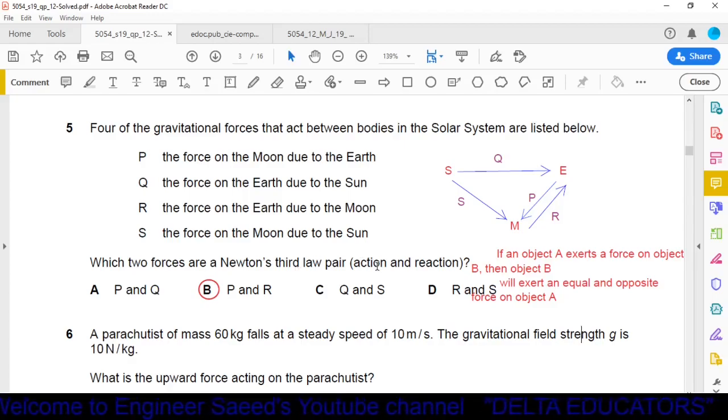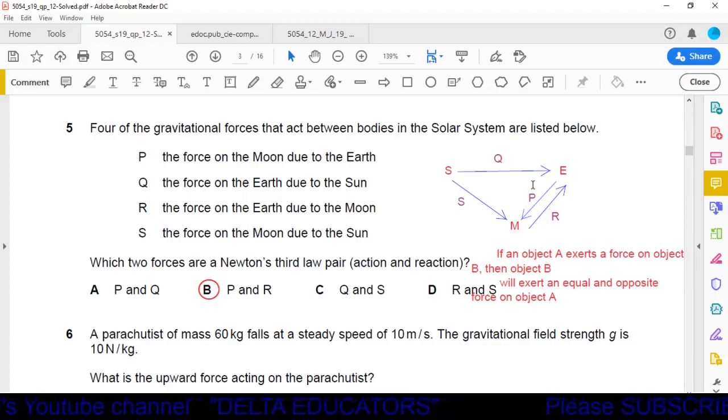Okay, first we should know what Newton's third law of motion is. Newton's third law of motion states that if an object A exerts a force on object B, then object B will also exert an equal and opposite force on object A. Suppose object A is acting with a force on object B, represented by R. Now object B is also exerting a force on object A, represented by P. So we can say here is a pair, one is called action and the second one is called reaction.